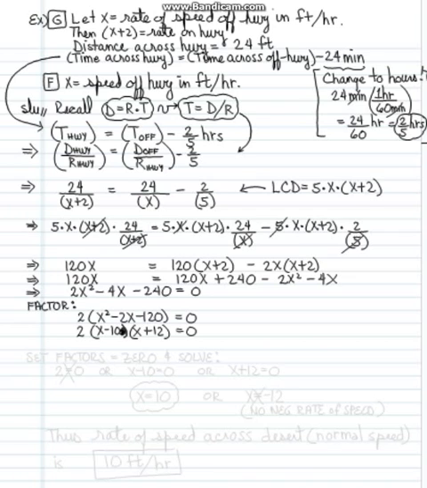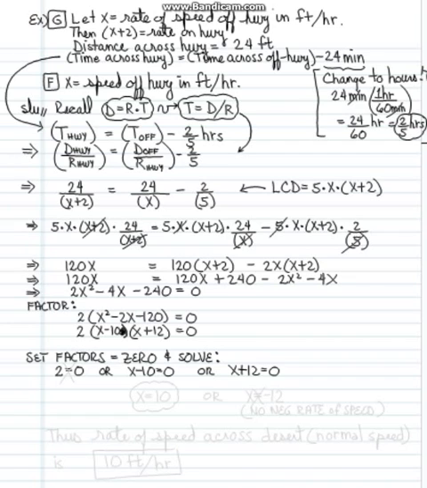Okay, so now we're going to set factors equal to 0 and solve. We have 2 equals 0, or x minus 10 equals 0, or x plus 12 equals 0.